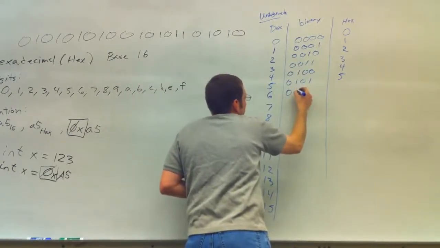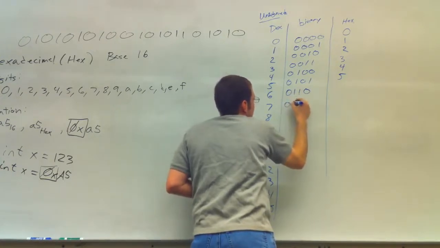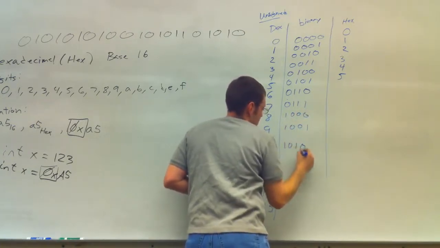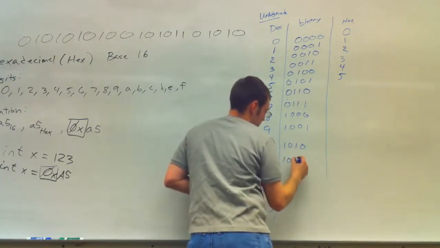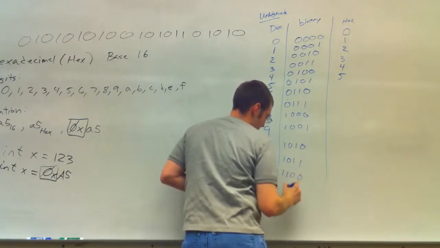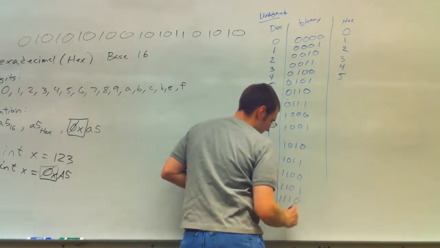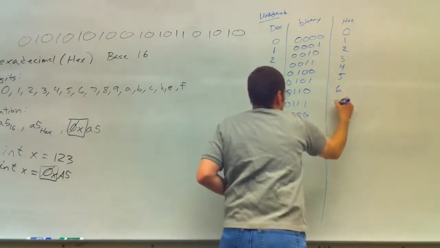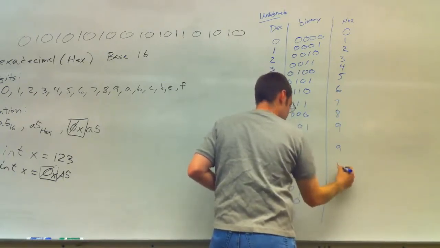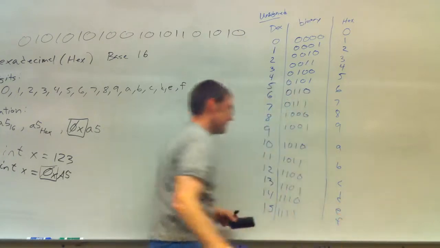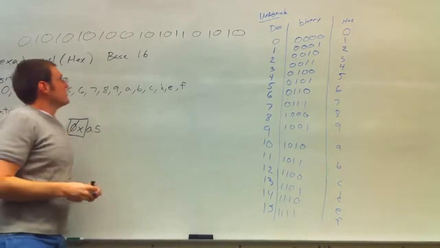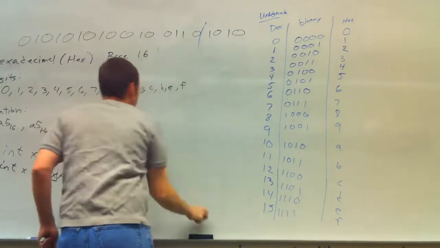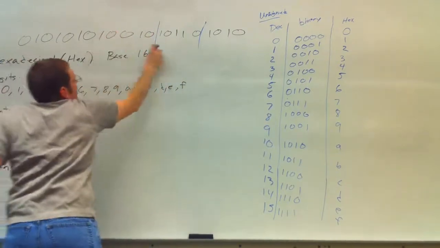But it doesn't really matter. So I can go like this: 4, 4. There's 5 in that one. There's 5.